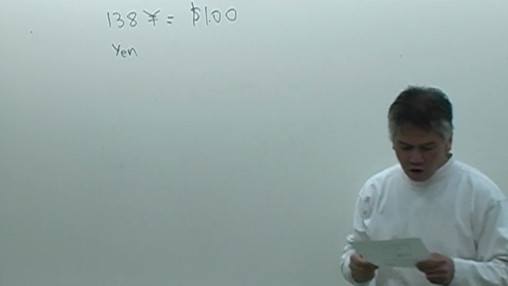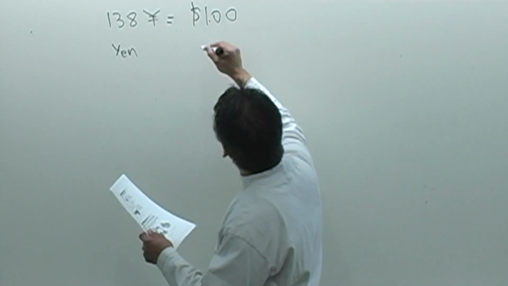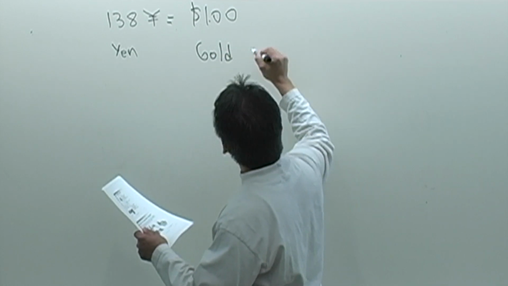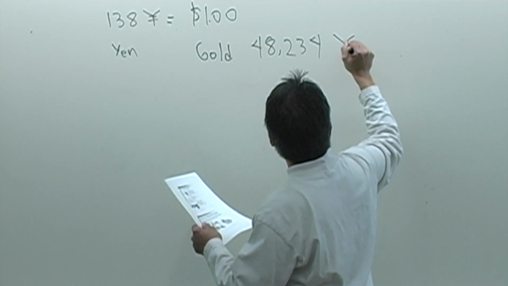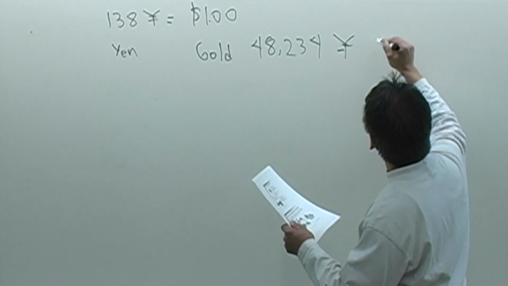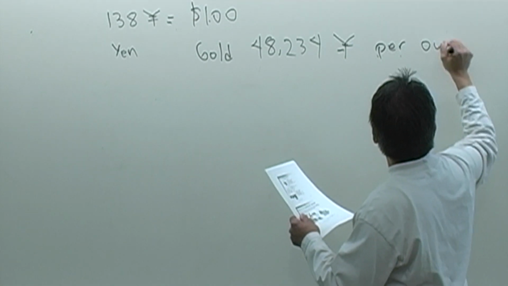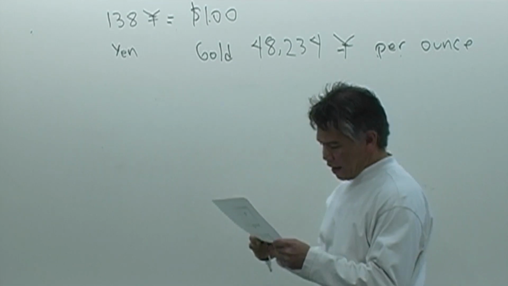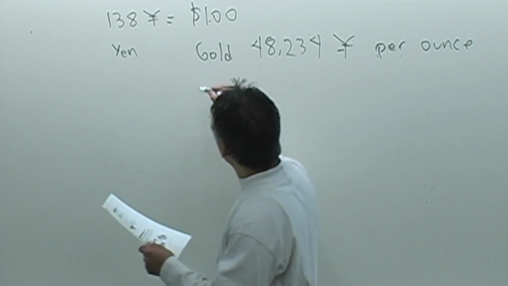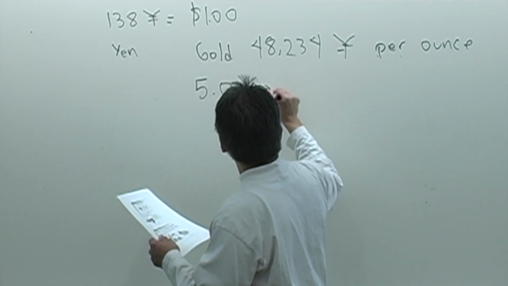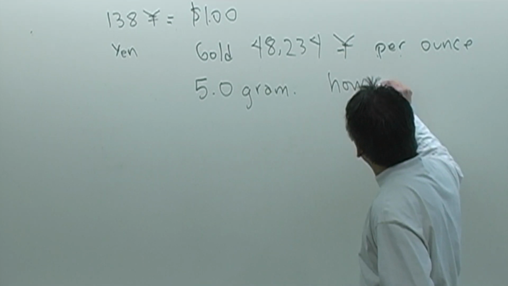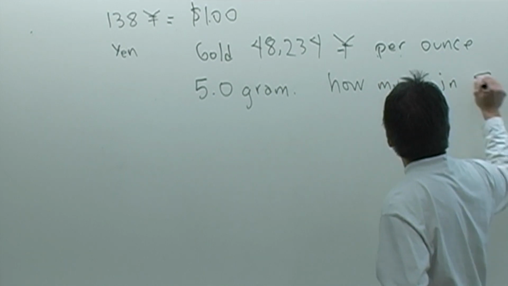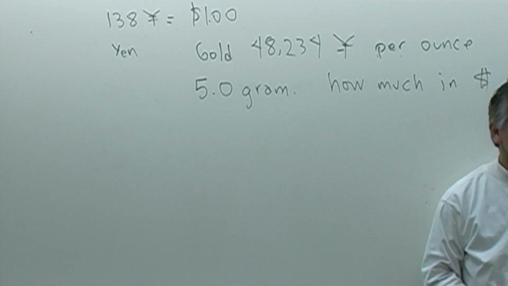If gold at the Tokyo Exchange costs 48,234 yen per ounce, and I want to purchase 5 grams, how much will that cost?